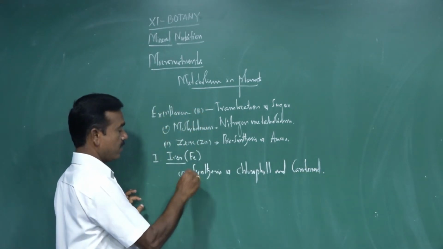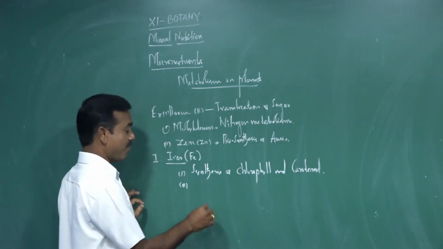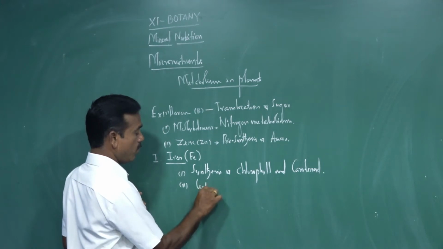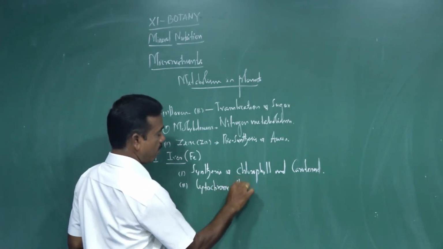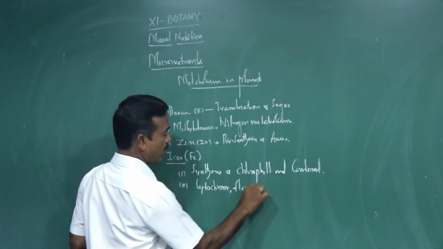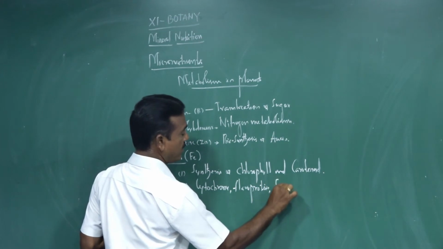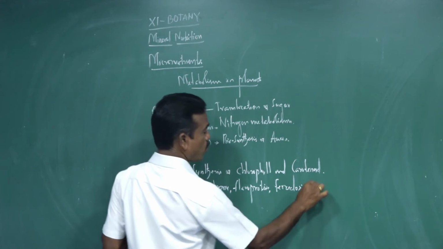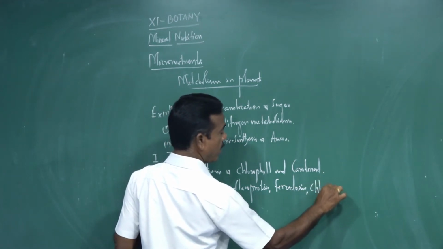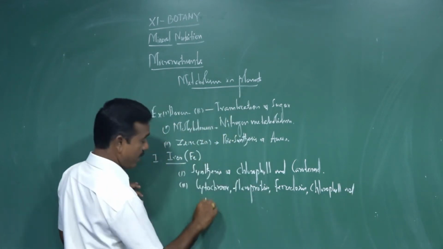Second thing, iron is the component of cytochrome, flavoprotein, ferredoxin, chlorophyll, and porphyrin.